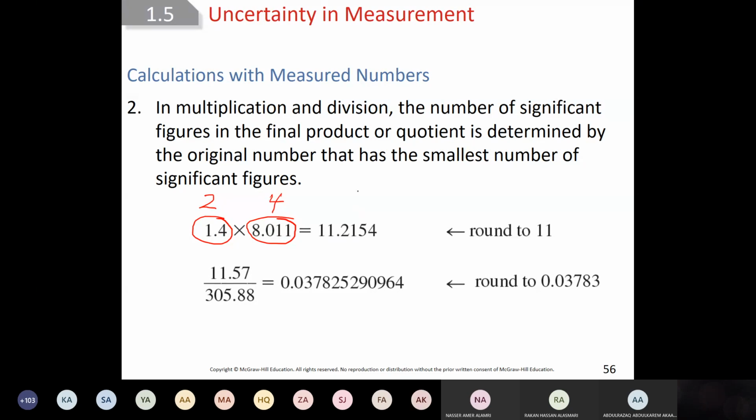Your answer should have only 2 significant figures, because this is the least. When you multiply this in your calculator, that's the answer. How should you report it? Only 11. You should write it as 11, or 11 point, or 1.1 times 10. All of these are correct answers. Of course, 1.1 times 12, what?